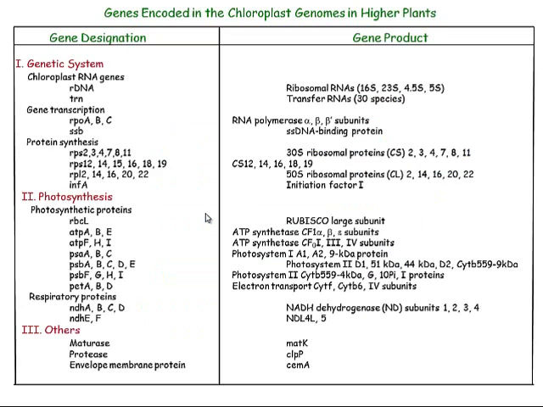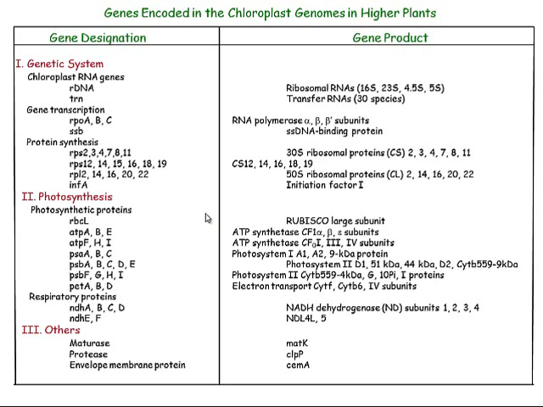And there are a large number of genes which are regulated in the chloroplast. So these are genes associated with the genetic system, like chloroplast RNA genes, ribosomal RNA, transfer RNA, protein synthesis, photosynthesis, some respiratory proteins, and a number of other genes.